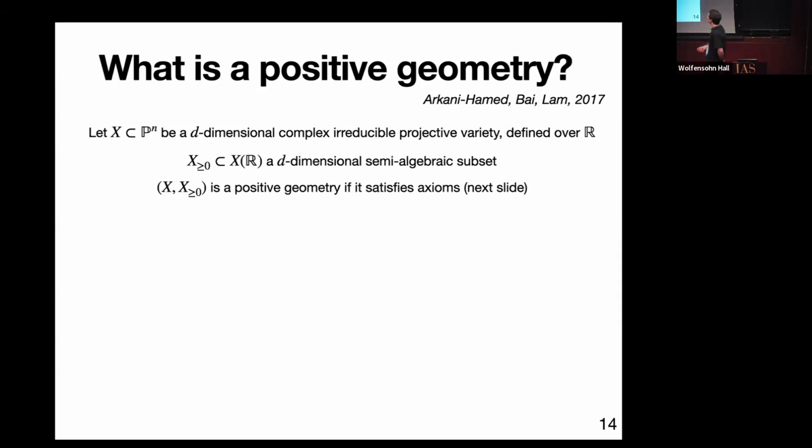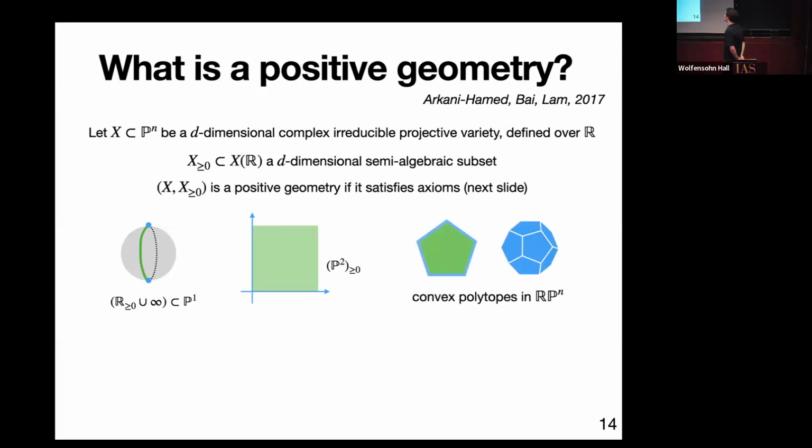But I was first going to show you some examples of positive geometries, most of which Chris also showed. If you take the positive line, so R non-negative union infinity, this is a line segment inside the Riemann sphere. That's a positive geometry. More generally, the positive quadrant in P2 non-negative, which topologically looks like a triangle, is a positive geometry.